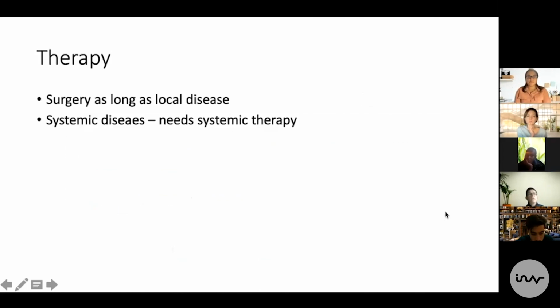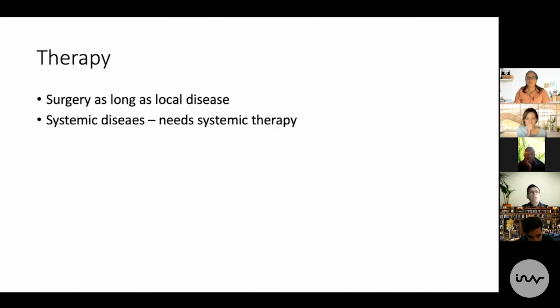And finally, as InSimu doesn't yet have a therapeutic part, I would just very briefly mention the general principles of tumor therapy, and this may be the take-home message, that as long as the disease is local, the therapy is surgery, and even nowadays we consider a tumor treatable if we can remove it.